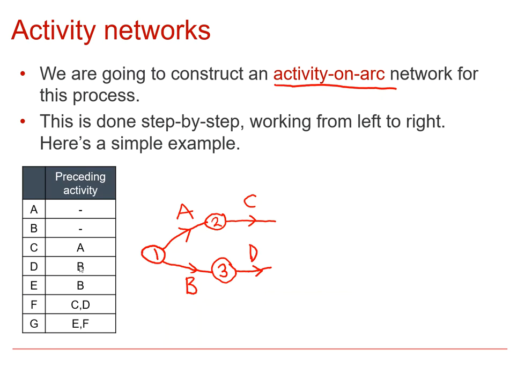We also have activity E, which also depends on B. What that means is that at this event number 3, we're going to have two activities starting from there, because there are two activities which depend on the activity which has led into it. That is D, which we've already got, and activity E.